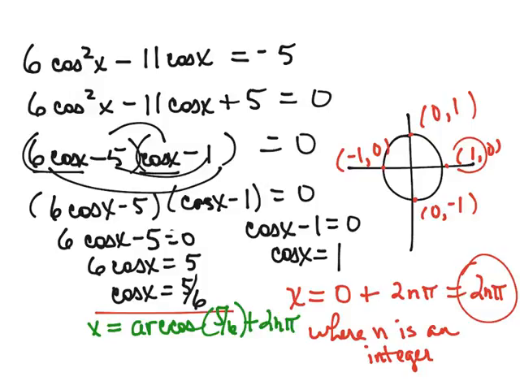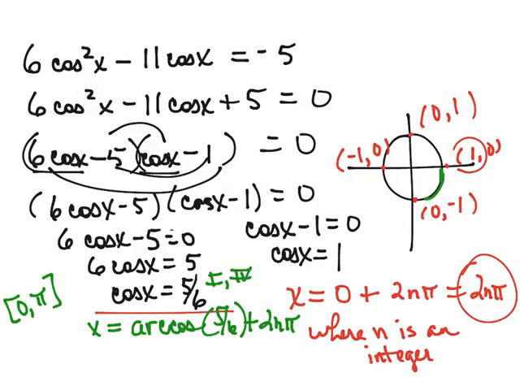Recall that our arc cosine is defined between 0 and pi. And in solving cosine of x equals 5/6, cosine is positive in the first quadrant, cosine is positive in the fourth quadrant.